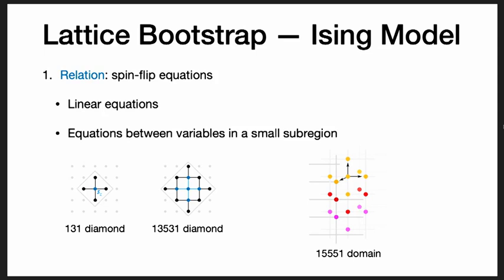You can do the same in 3D. You consider what happens if you flip the signs of these, and you get a bunch of relations between variables in only this small domain. Okay, so that's the main point. That was the first step, a relation between the variables we wish to study.